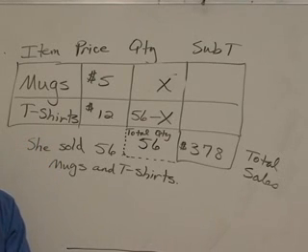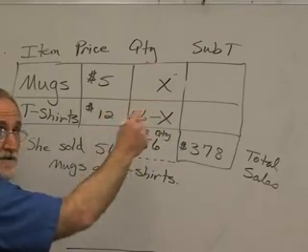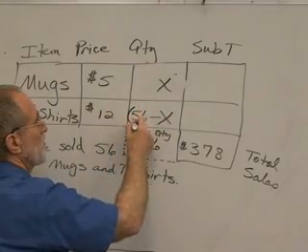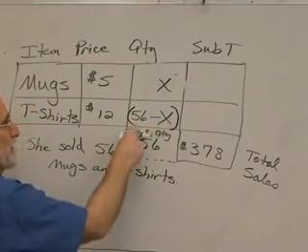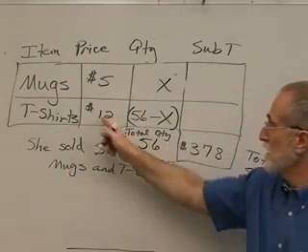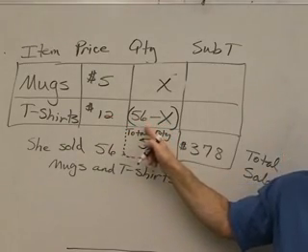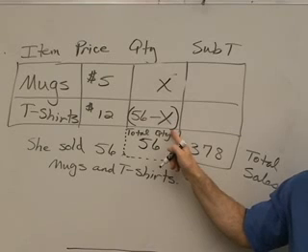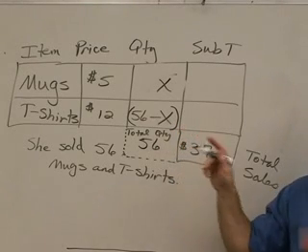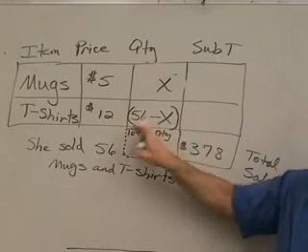Notice if we're going to multiply across here, well, by the way, here's the other trick. We're going to have to put parentheses around this thing because that's one number. When we multiply by 12, we're going to have to multiply the 12 times the 56 and the 12 times the minus X. It's called distribution, distributing. When you have something outside parentheses, you've got to multiply both things inside parentheses.